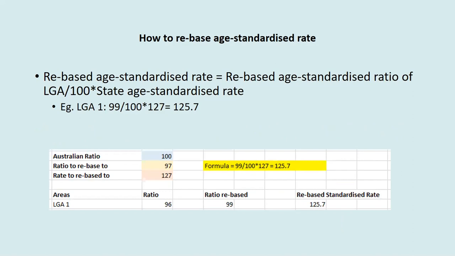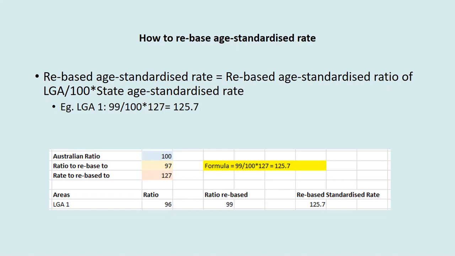We can also rebase age standardised rates once the ratio has been rebased. To do this, we can take the rebased ratio for the area. So again, we're looking at LGA 1, divide it by 100, and then multiply by the state age standardised rate that we want to base to. So again, we'll just pretend that this is South Australia that we're looking at.